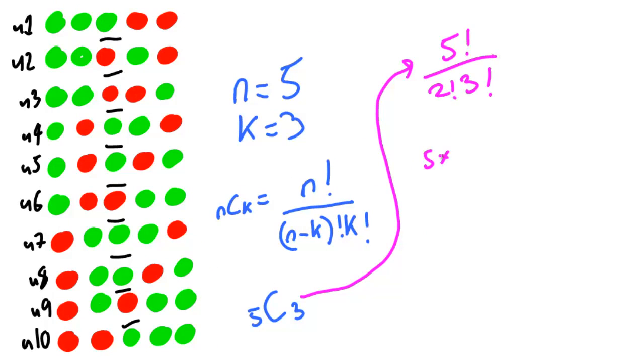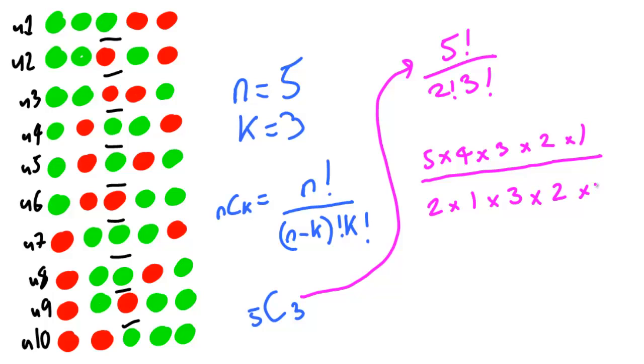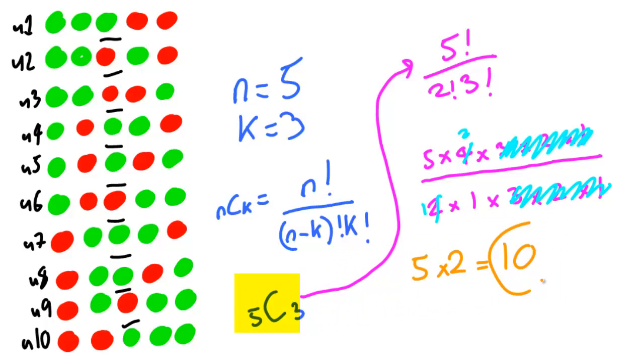And this is equal to, drumroll please, 5 times 4 times 3 times 2 times 1 divided by 2 times 1 times 3 times 2 times 1, which after a bit of fun and jiggery pokery is equal to 5 times 2. This itself is equal to 10. And this is exactly the number Sean was looking for. This is the exact number of universes where a different selection pattern is possible.